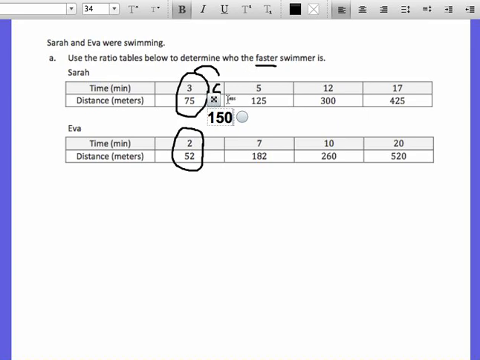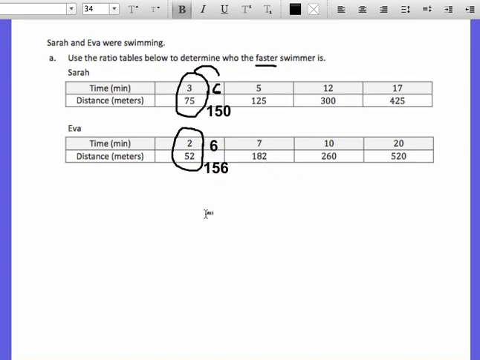So we can think of it as a 6 to 150 ratio. And for Eva, to get it to 6 minutes, we would have to multiply by 3. So we would multiply 52 times 3 as well, and that would be 156.